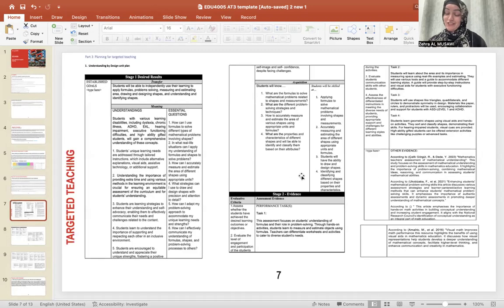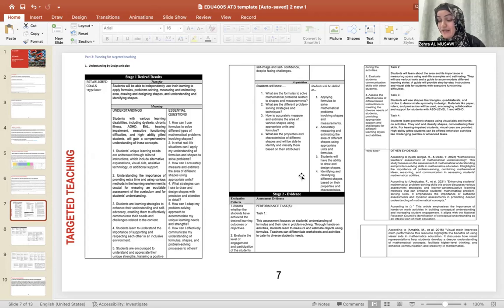My targeted teaching for group 1 is understanding and identifying shapes. The learning intention is to develop a strong understanding of shapes, identify triangles on grid paper, recognize different shapes, and confidently identify parallelograms. It's a whole class approach.